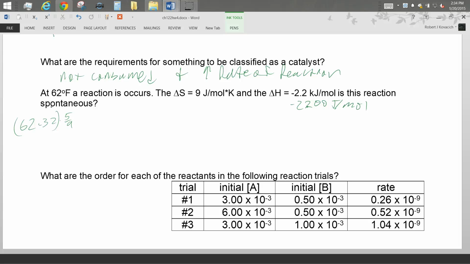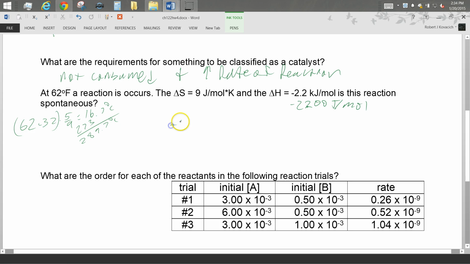Let's find out. 16.666. Yeah, that's it. So 16.7 degrees Celsius, and then add 273 to that. You get 289.7 degrees, oh yeah, thanks, not Celsius, Kelvin.